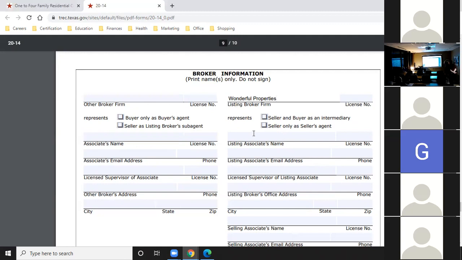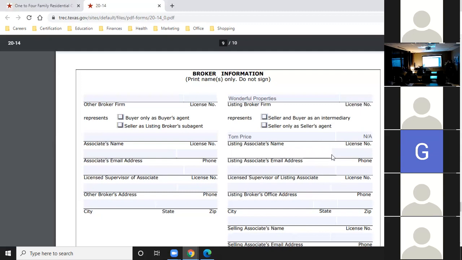That's fine. And the agent is going to be the listing associate. So put Tom Price in listing associate. And we don't have a license number, I'm being told. No, we don't. Which you would never want.